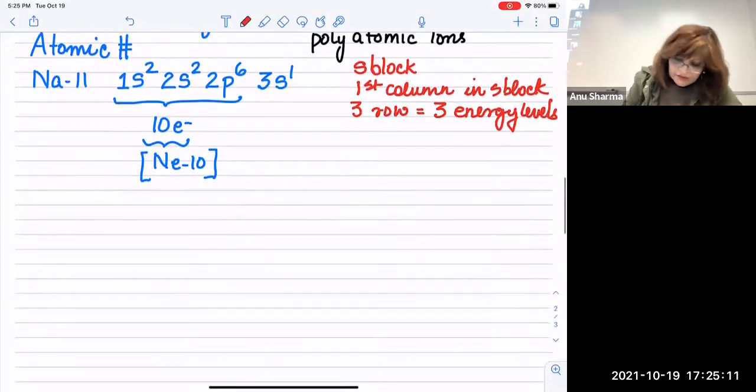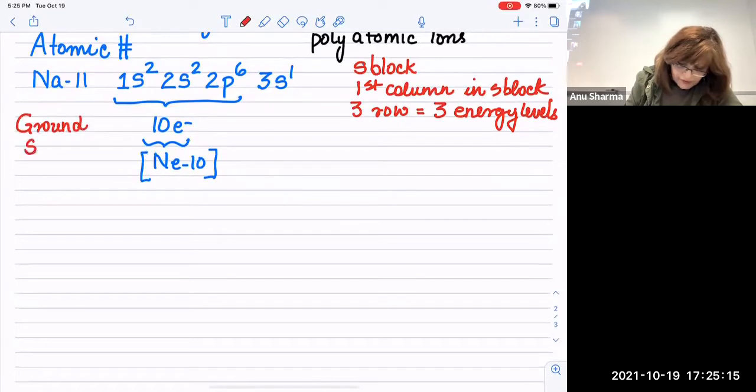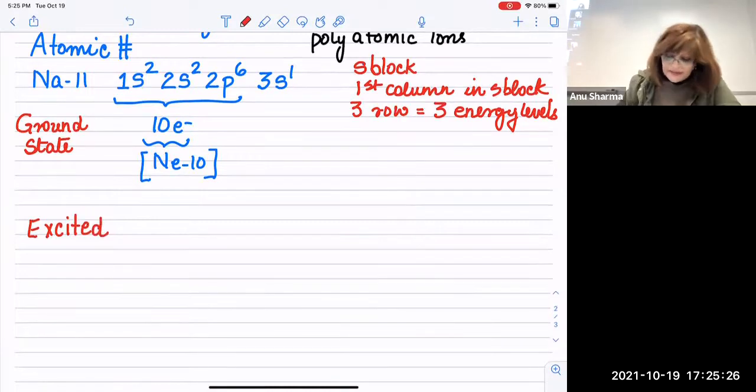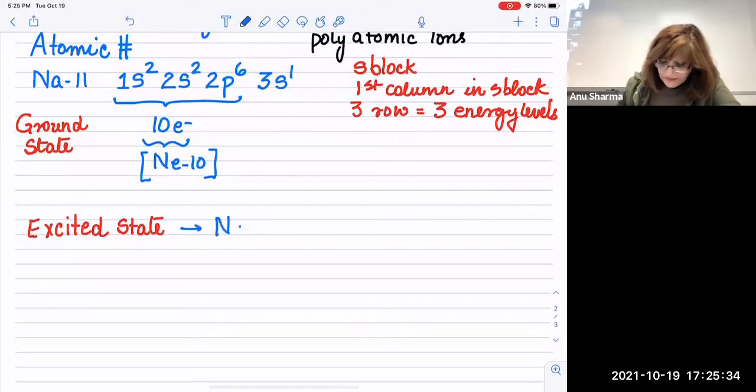Now this is called the ground state electronic configuration of sodium, which means the electrons are just sitting there. But when the atom of sodium gets excited, when it acquires energy, then what happens? Sodium loses 1 electron.